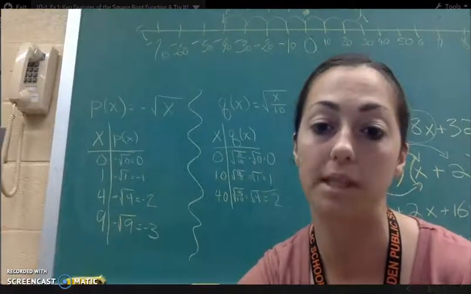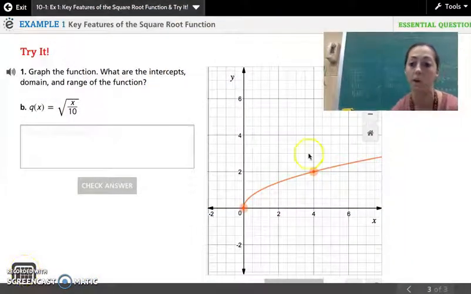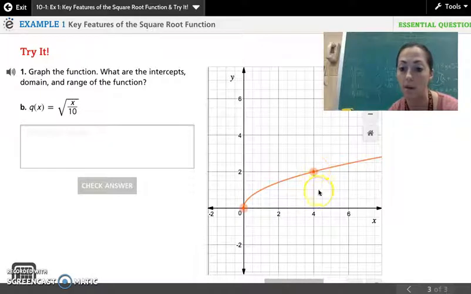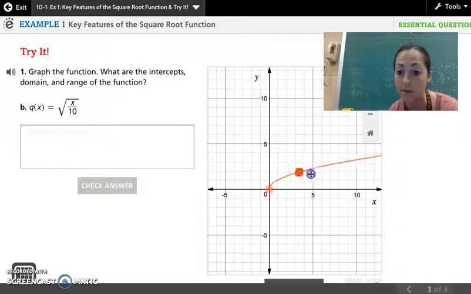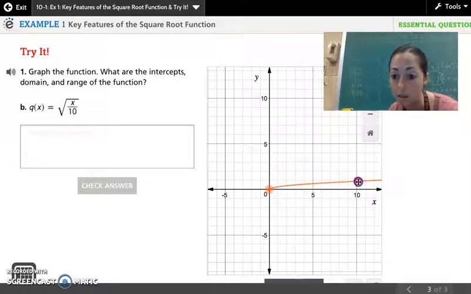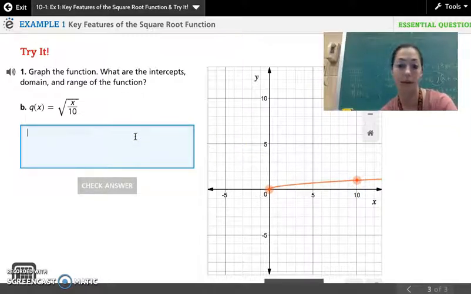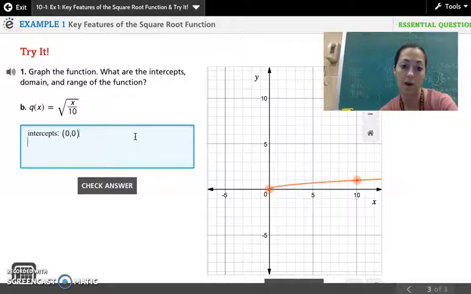So I have these points 0, 0; 10, 1; and 40, 2. So I'm going to have to zoom out in order to plot this. There we go. So I have 0, 0 already plotted, 10, 1. So that's right here. And then just a couple of things. My x-intercept, x and y-intercept. So I'll put intercepts, 0, 0.